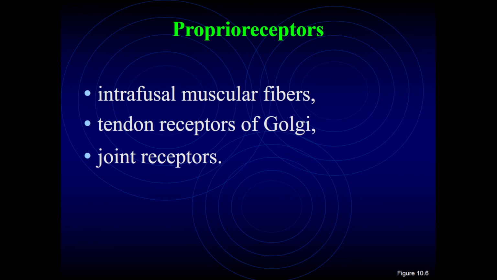Intrafusal muscular fibers, or muscle spindles, perceive the degree of muscle stretch and are innervated by fibers of gamma motor neurons.